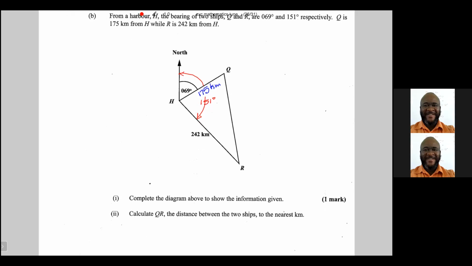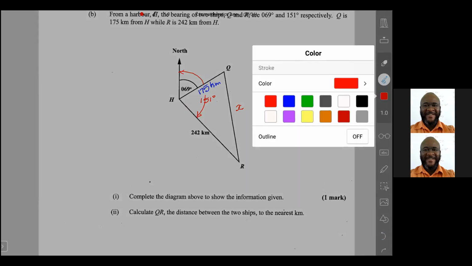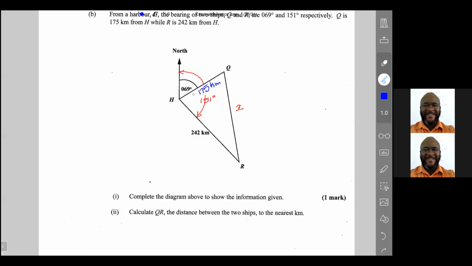Then we're asked to calculate QR, the distance between the two shapes. So let's call this x. First of all, the angle between the two lines, this angle here, let's call it theta.